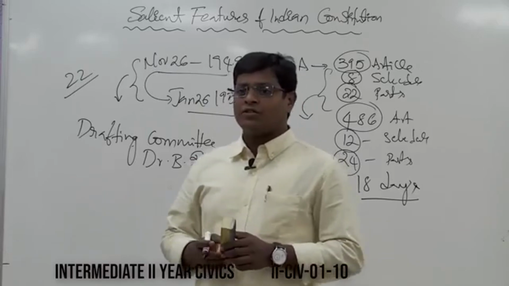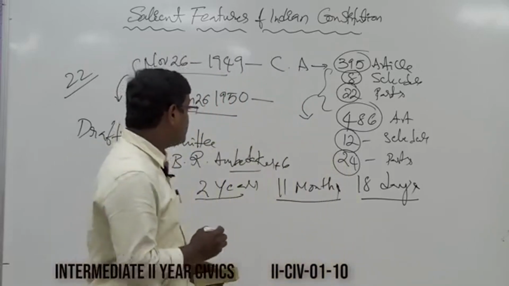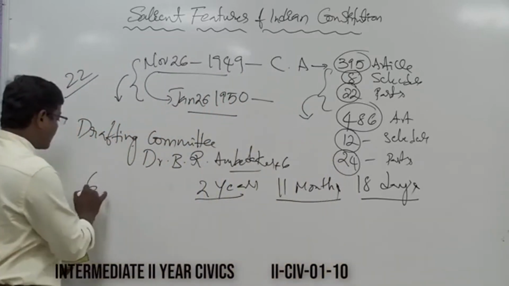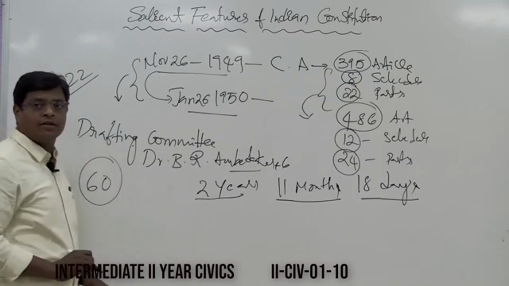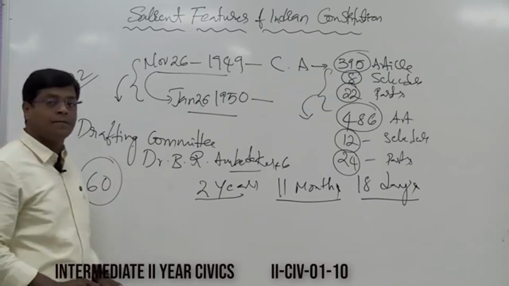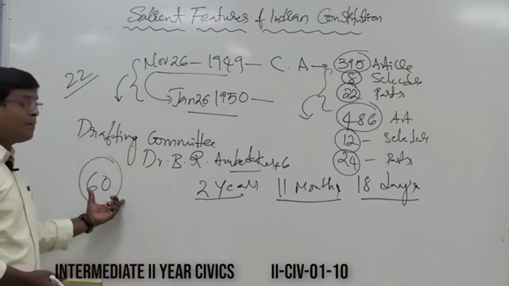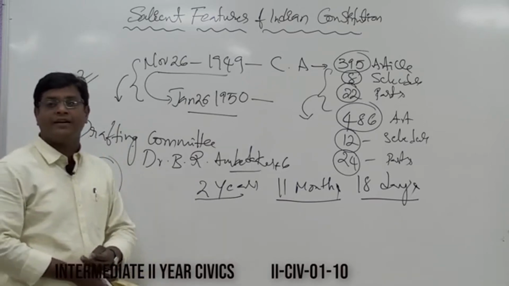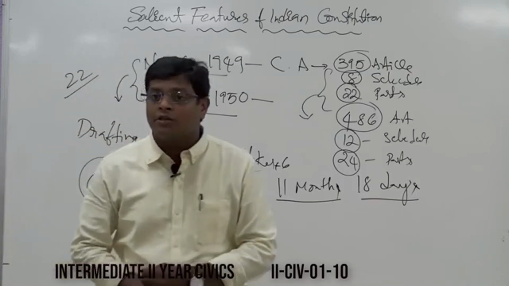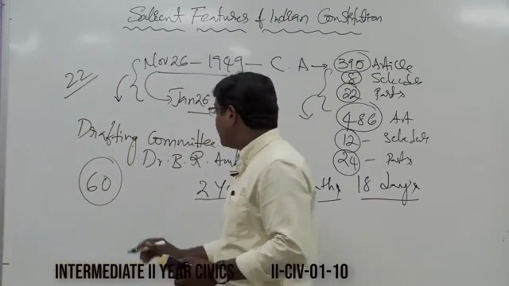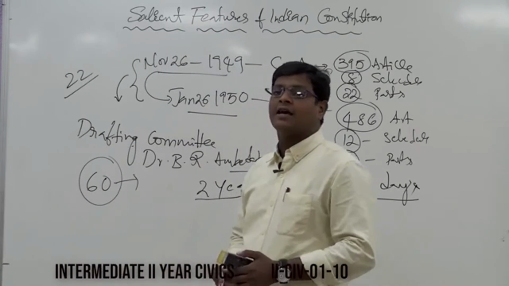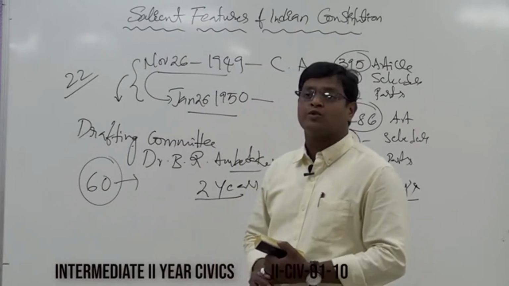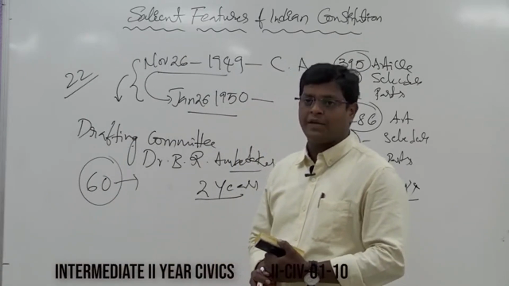Why are we going to discuss salient features here? While making our Constitution, we approached around 60 constitutions for their best features. We borrowed many features from around 60 world constitutions and incorporated them in our Constitution. That's why some criticized the Indian Constitution as a patchwork, a Xerox copy.